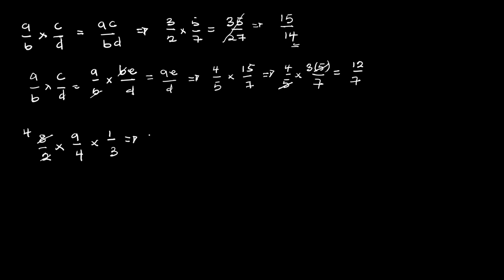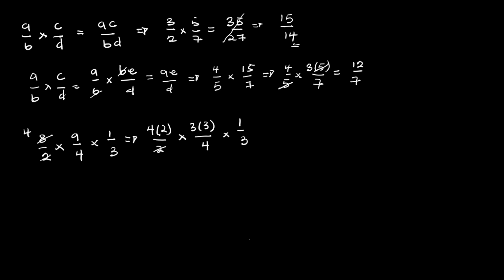We can express the 8 as 4 by 2 all over 2, and then the 9 we can express it by 3, okay, and then the 4 can be as 4 here, and then times 1 all over 3. So I've just written this in this particular form, okay.